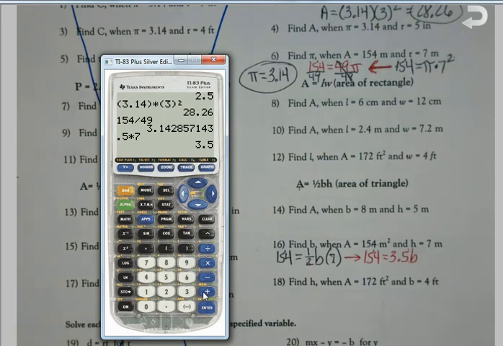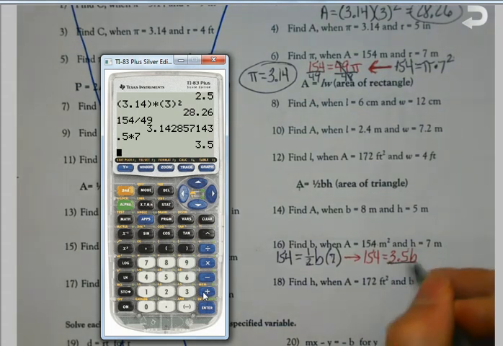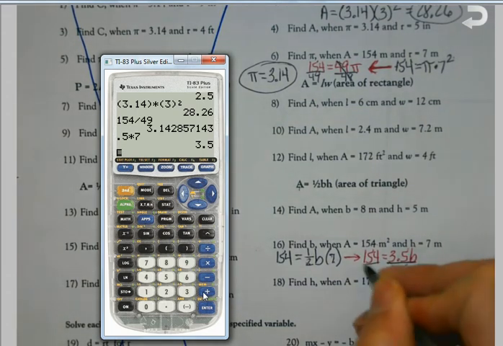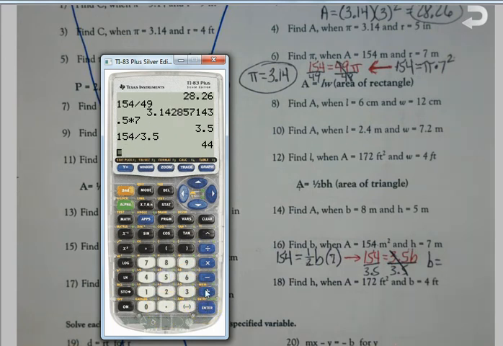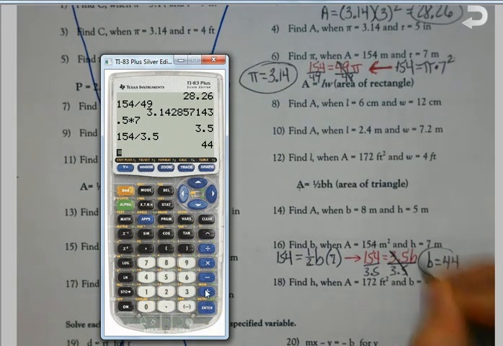And I only got one step left to get B. How do I undo timesing by 3.5? Divide. Perfect. Let's see what that is. 154 divided by 3.5. 44. And I've got my answer.